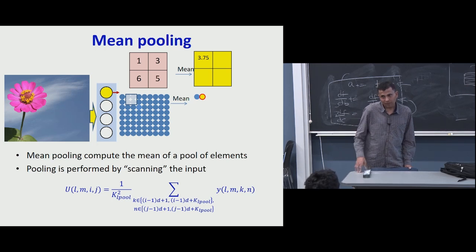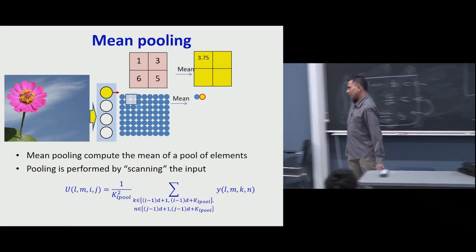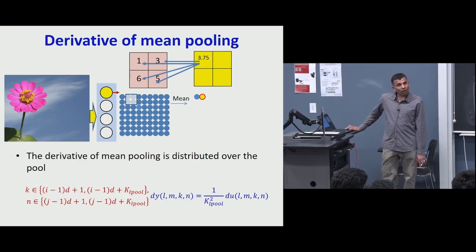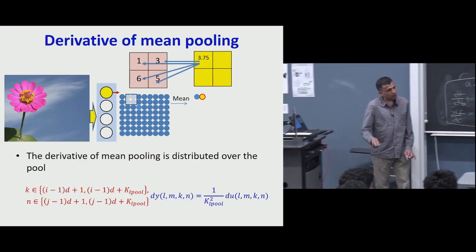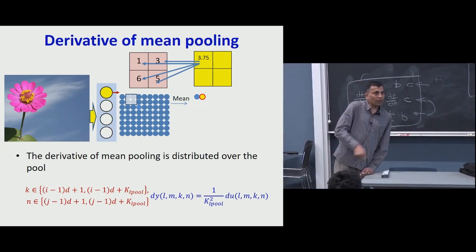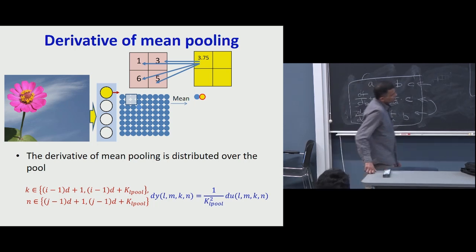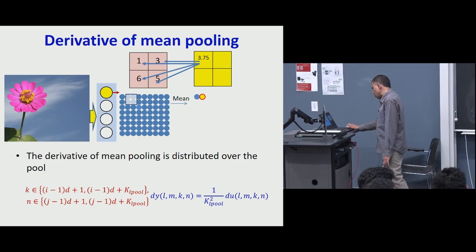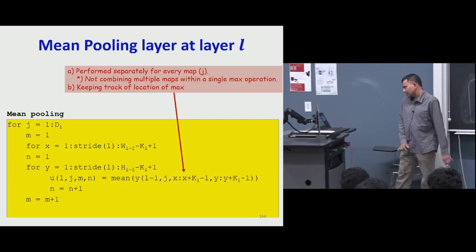I mean, obviously, right? So that derivative going backwards is simply going to be shared between all 4. So here you take the derivative divided by 4 or divided by k squared and add it to every one of these terms.